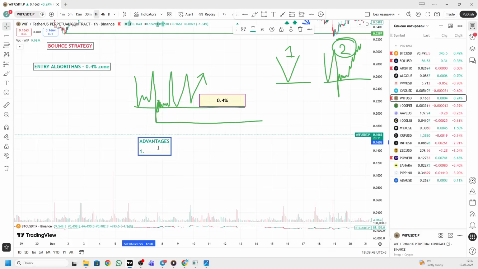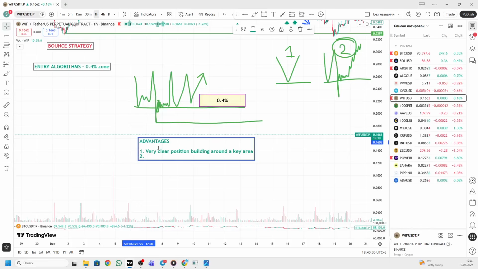Let's write it down like this: very clear position building around a key area.